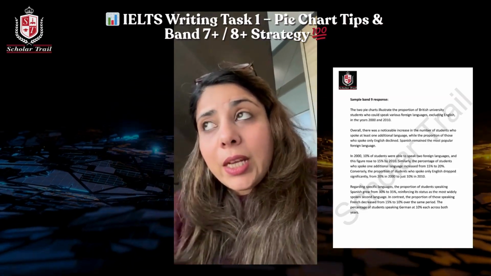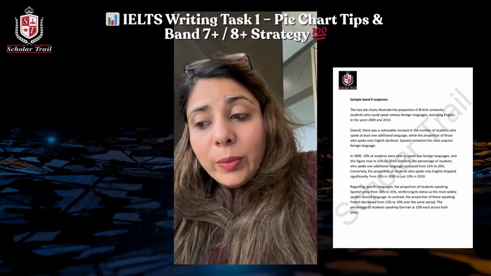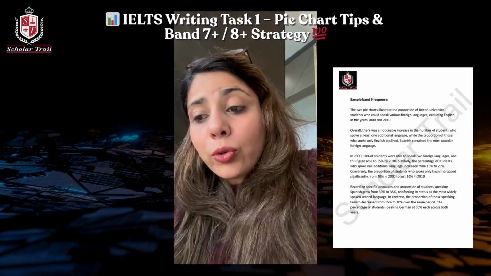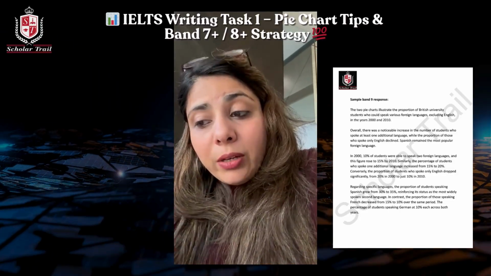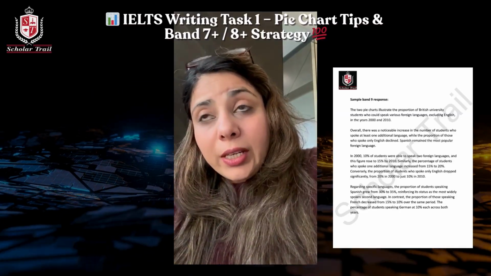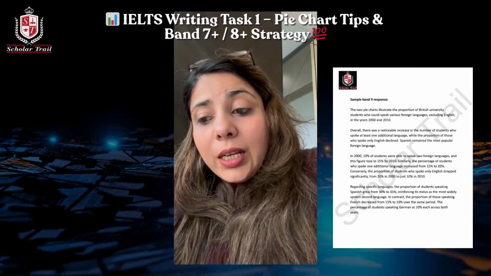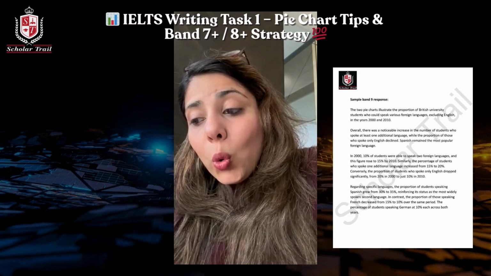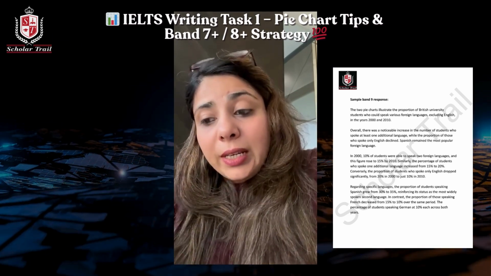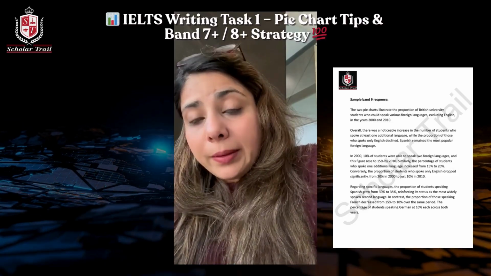So guys, look at it, I've started it from 2000. Conversely, the proportion of students who spoke only English dropped significantly from 20% in 2000 to just 10% in 2010.